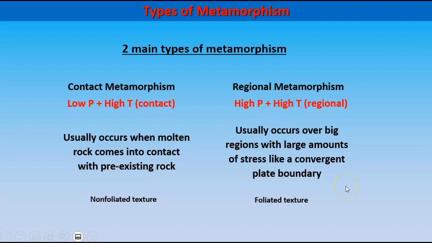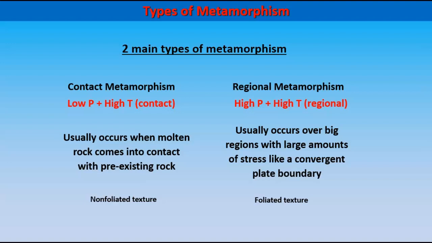Because in order to get differential pressure, which means the pressure is not equal on all sides, we need a force like a convergent plate boundary. Now there could be subduction or not, because we could have continents, but that huge stress where the two plates collide, the stress in that direction, if they're colliding into each other, is greater in that horizontal direction than it is in any other direction.